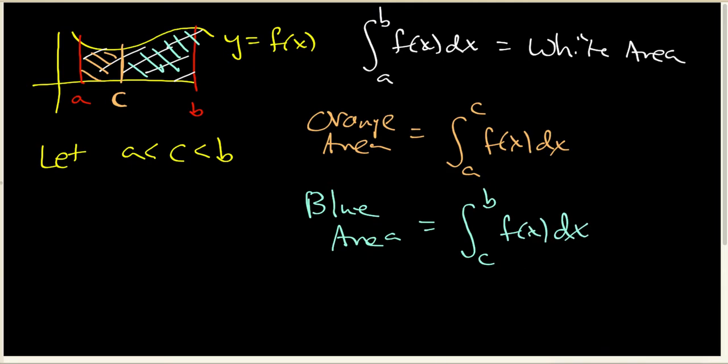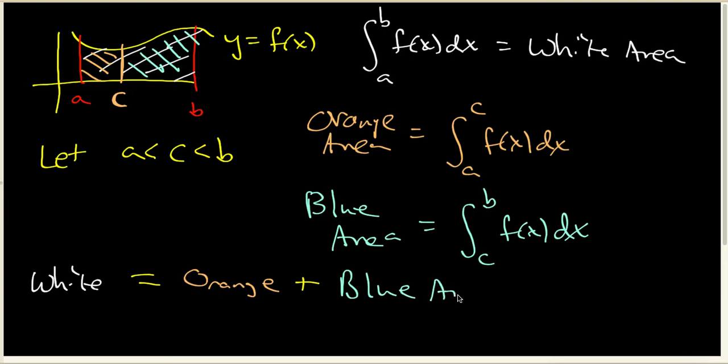And it is quite clear that the white area is equal to the orange area plus the blue area. That's clear just from looking at the picture. And this has important consequences. The white area, remember, is the integral between a and b of f of x dx.